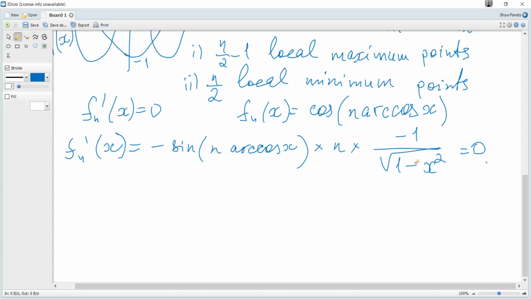We can see that it can be equal to 0 when sine of n arc cos x is 0, but 1 minus x squared cannot be equal to 0, so x cannot be equal to plus or minus 1.